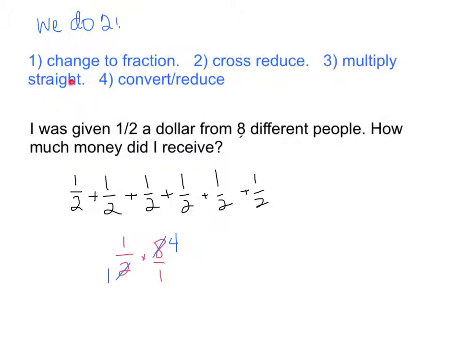Next, multiply straight across. 1 times 4 is 4. And 1 times 1 is 1. Convert if you need to. Yes, this is improper. 1 divides into 4 exactly 4 times. So I have $4. If 8 people gave me half a dollar, I'm going to have $4.